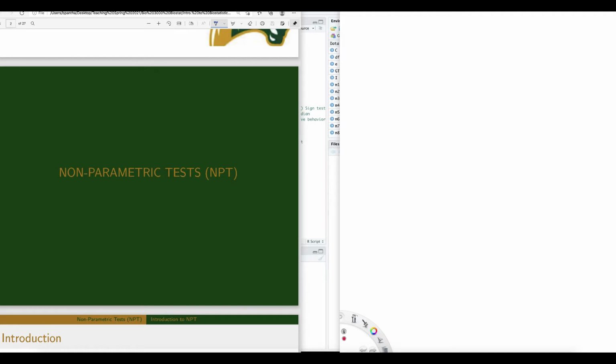Some of the transformations we discussed are logarithmic transformation, inverse sine transformation, square root transformation, square transformation, and so on.